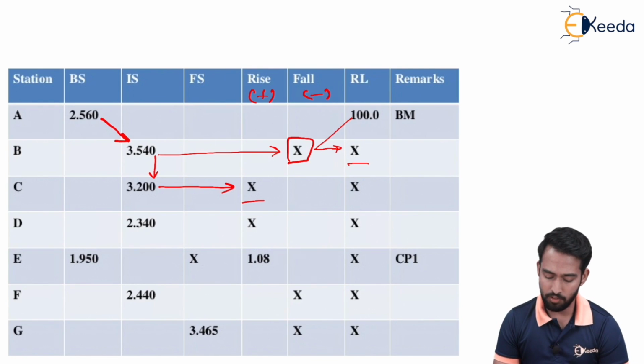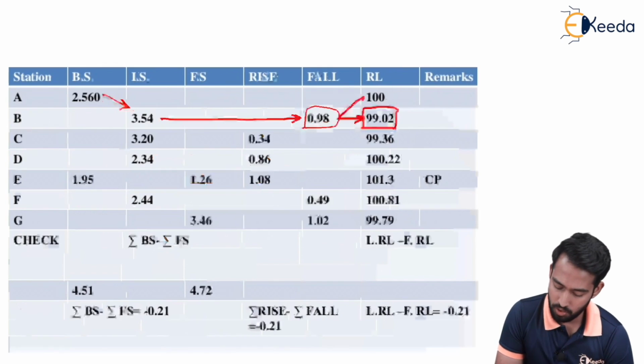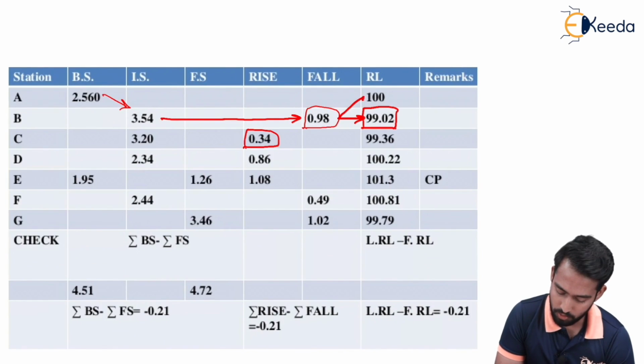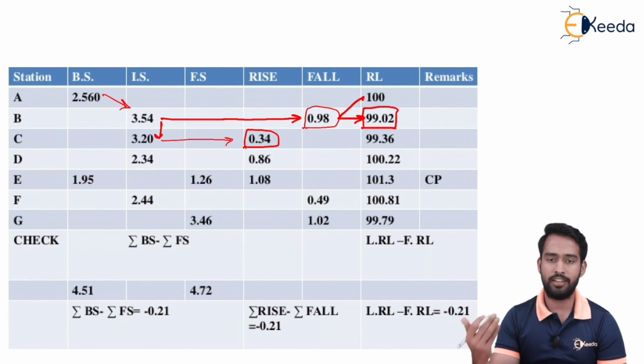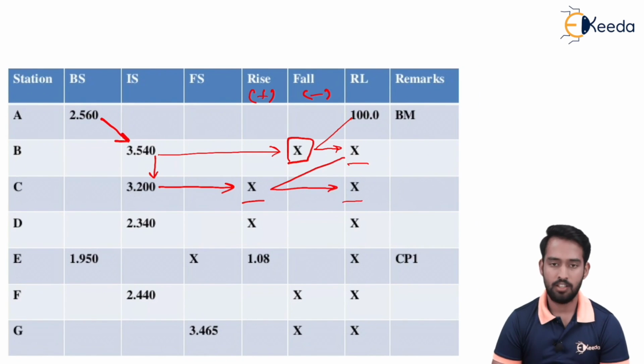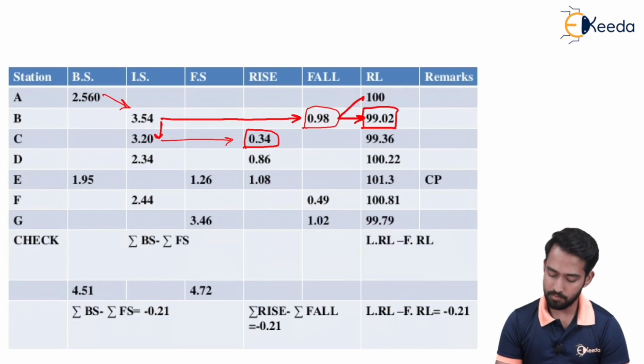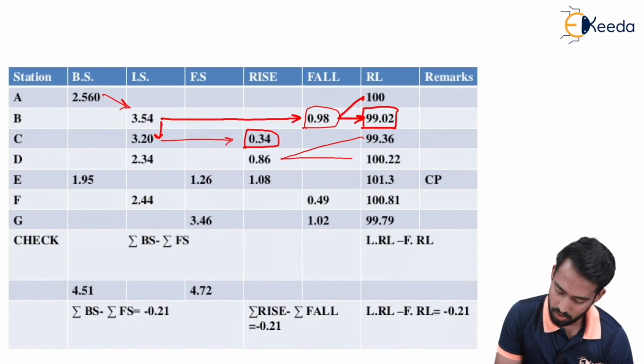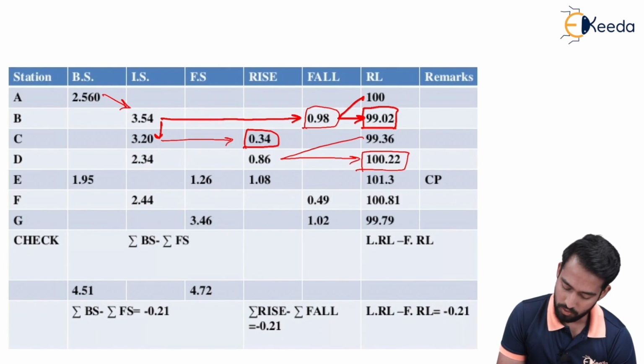So 3.540 minus 3.20, answer is 0.34. So it is rise. And to calculate the next RL, the formula is previous RL plus rise will give us the answer of the next RL, which is equal to 100.22.